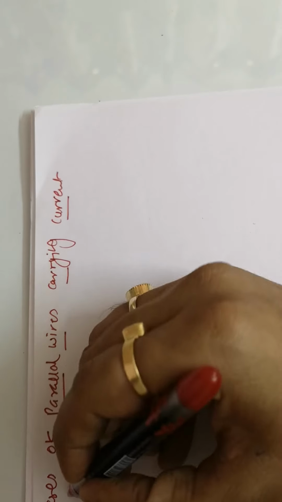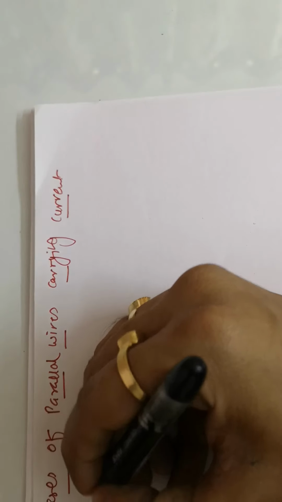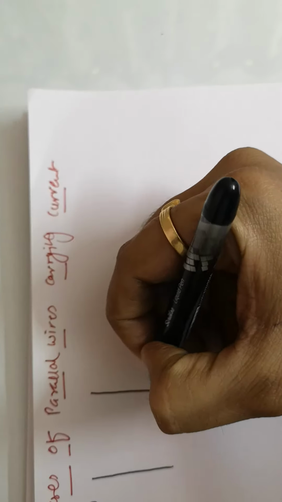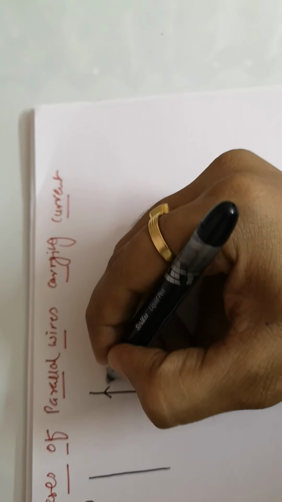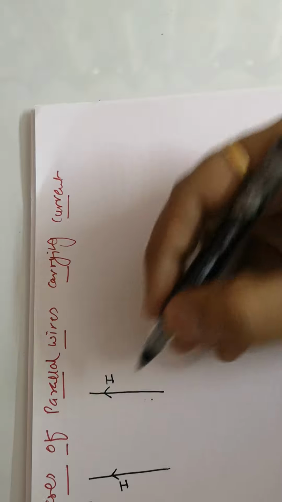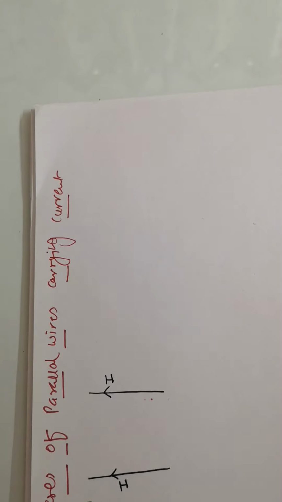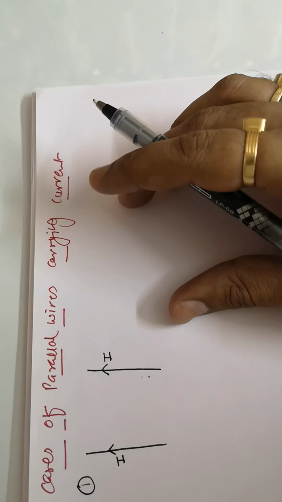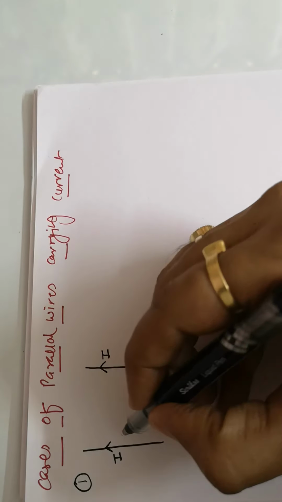First of all, we will discuss such cases. In case number 1, I am assuming that I have two current carrying wires, and the current is in the same direction. Instead of using IA and IB, I have used the same current in both wires, as shown.